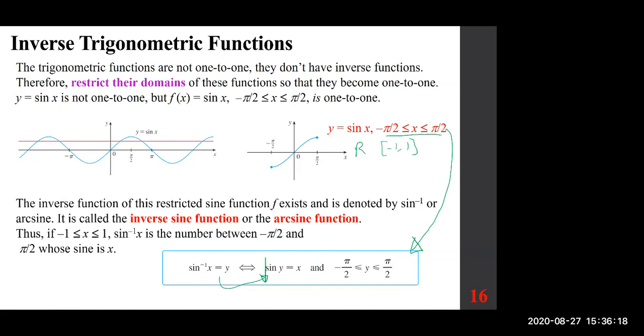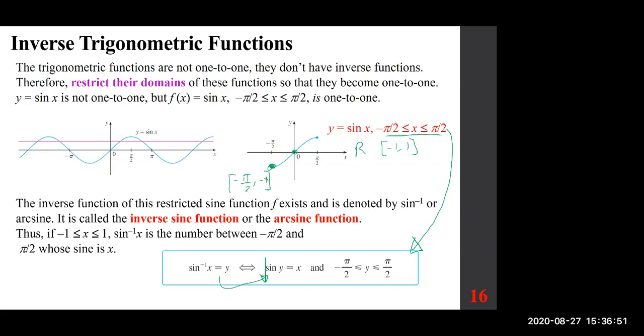So if you want to reverse the process and graph the inverse function, it's very simple. You see these points? This one has coordinates negative pi over 2, negative 1, right? So for the inverse it becomes negative 1, negative pi over 2.